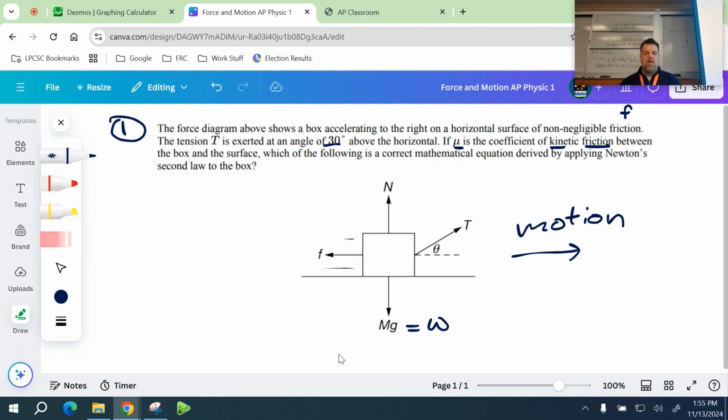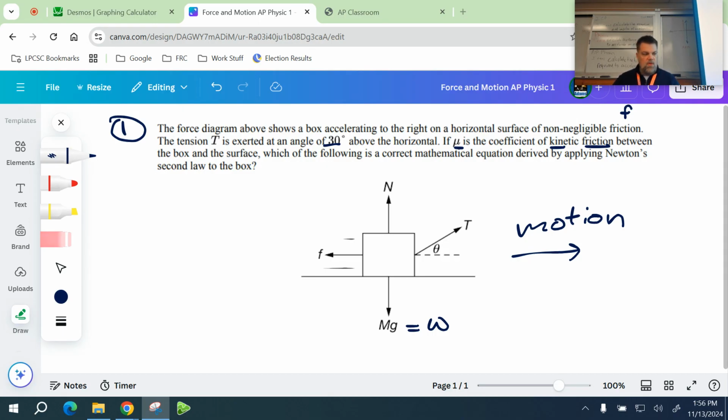Oh, okay. So anyways, now what they really want to know is which of the following is the correct mathematical equation derived from applying Newton's second law to the box. That's a really weird way to ask what's the acceleration, right? Because Newton's law is that the acceleration is inversely proportional to the mass of the object.